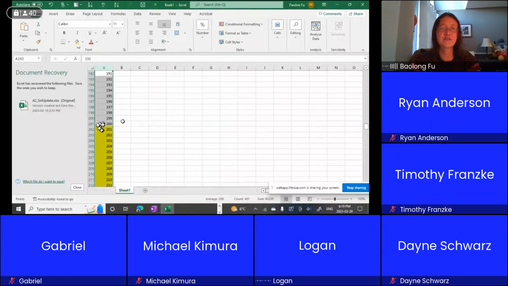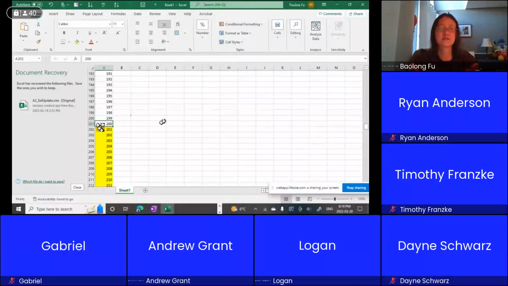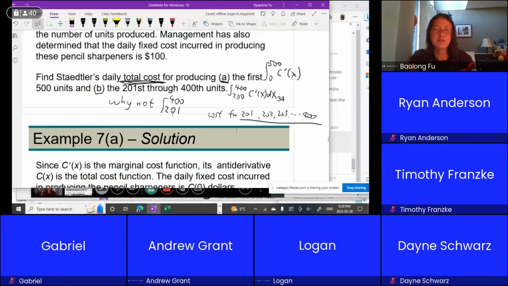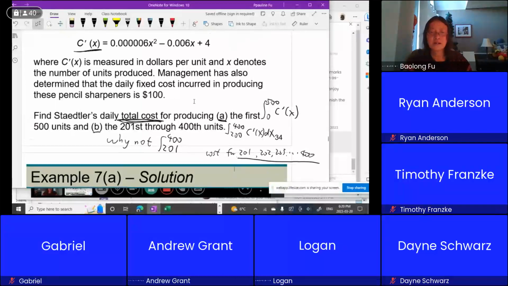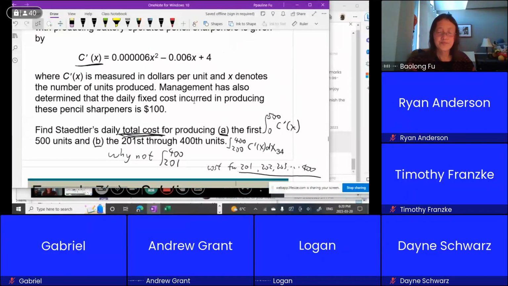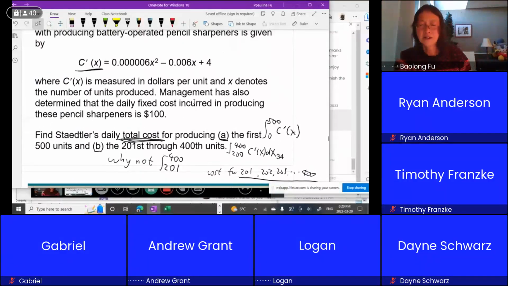So it should start from 200. If you use 201, it becomes the total cost from 202 through 400. Okay. Any other questions?